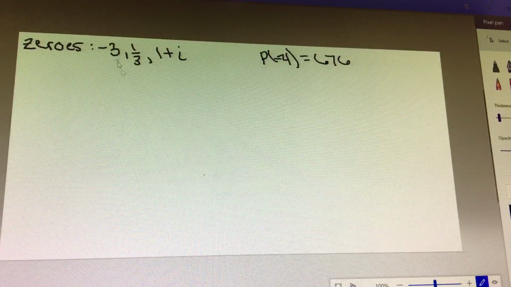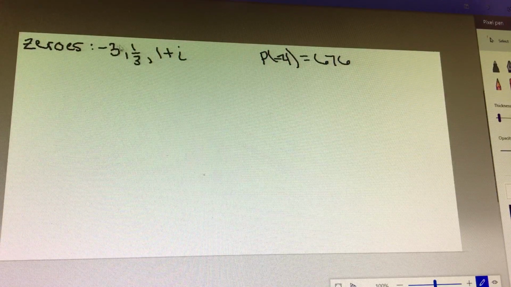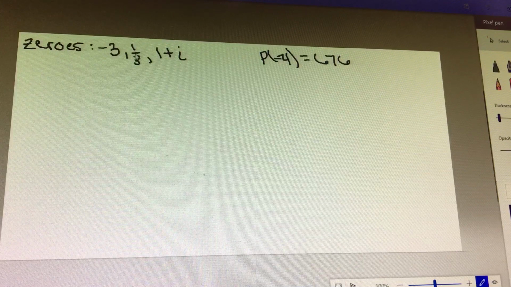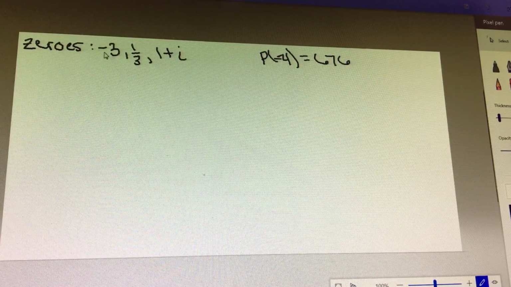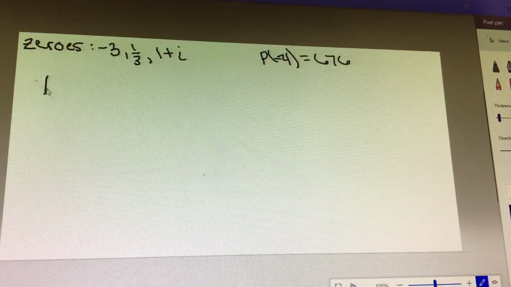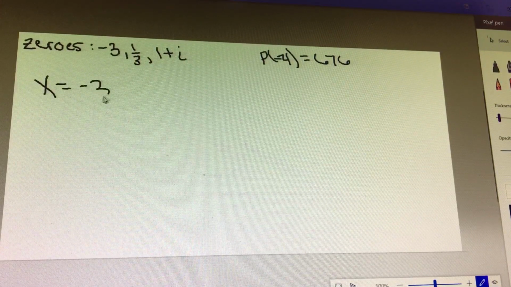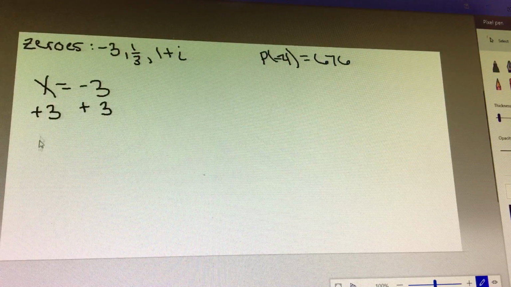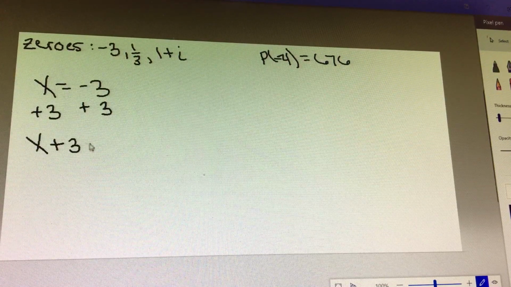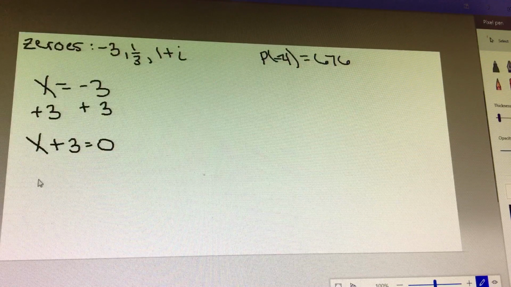Okay, so the first thing we're going to do is get this into factored form. First of all, we have a zero of x equals -3. If x equals -3 and we add a 3 to both sides, then in factored form we have x plus 3. So that's your first factor.